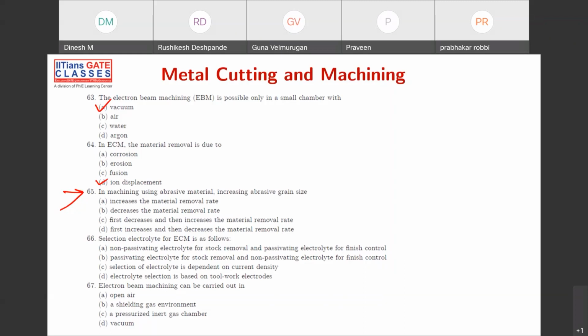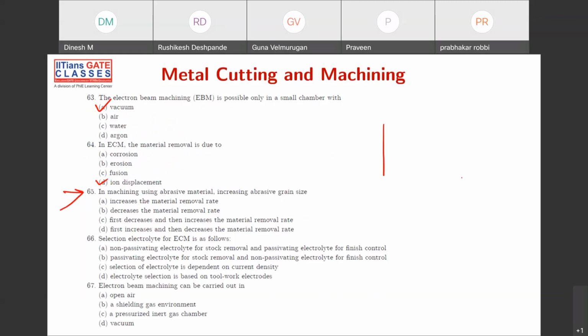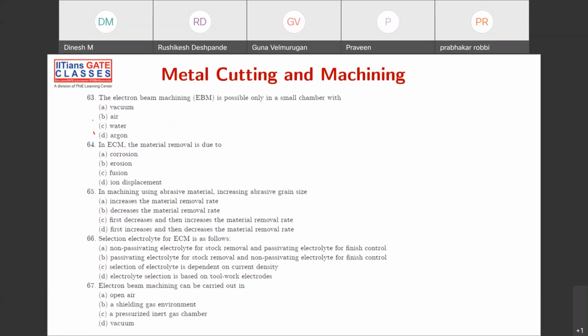Everybody is saying D, and Guna is saying B. Guna, I told you, it increases and decreases. Clearly, I told you in today's lecture. This is D naught, this is MRR, right? It went like this, and some drop has happened. I told you what is the reason also. Answer is D. It increases and then decreases.